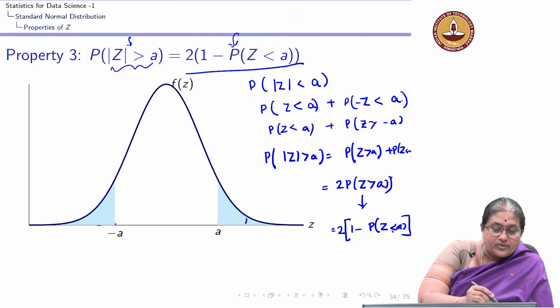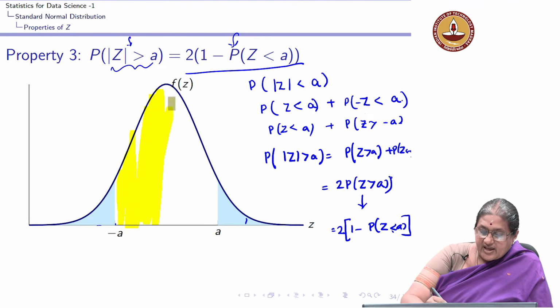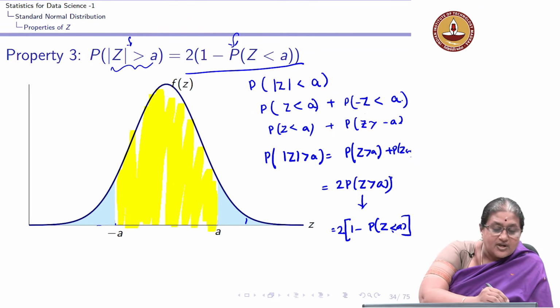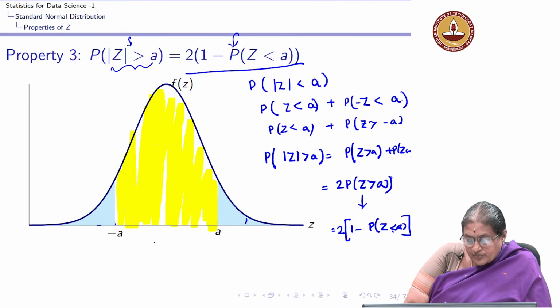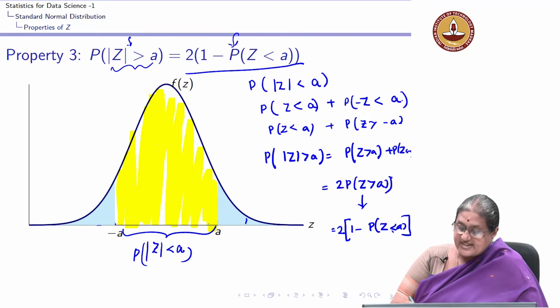The yellow area is going to be the area which gives me the probability of mod z is less than a.